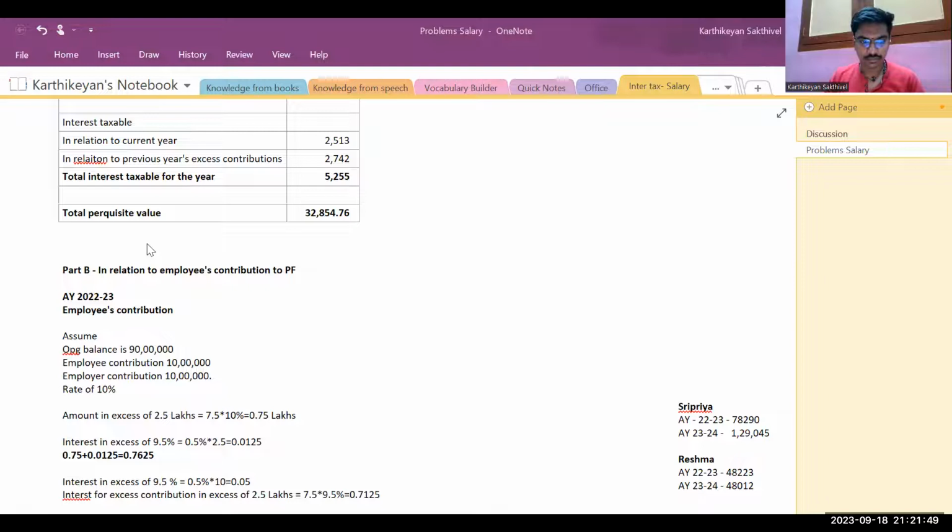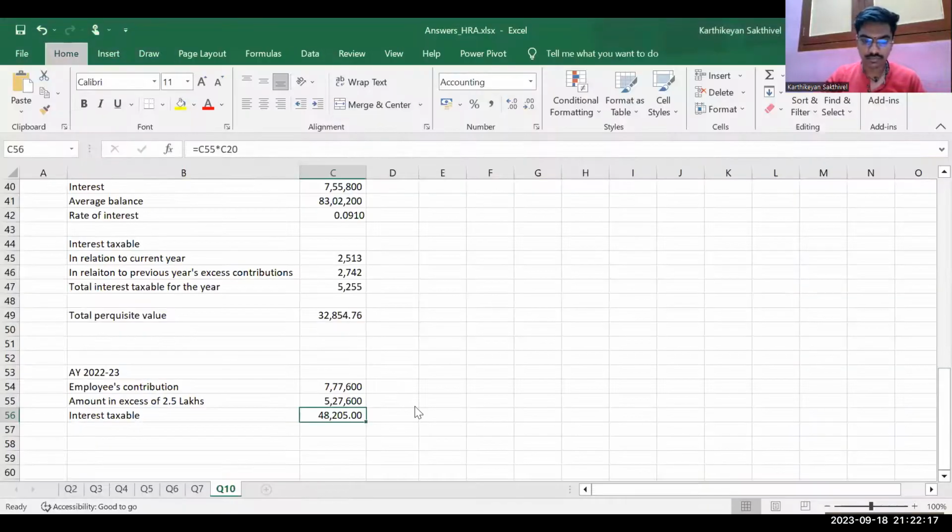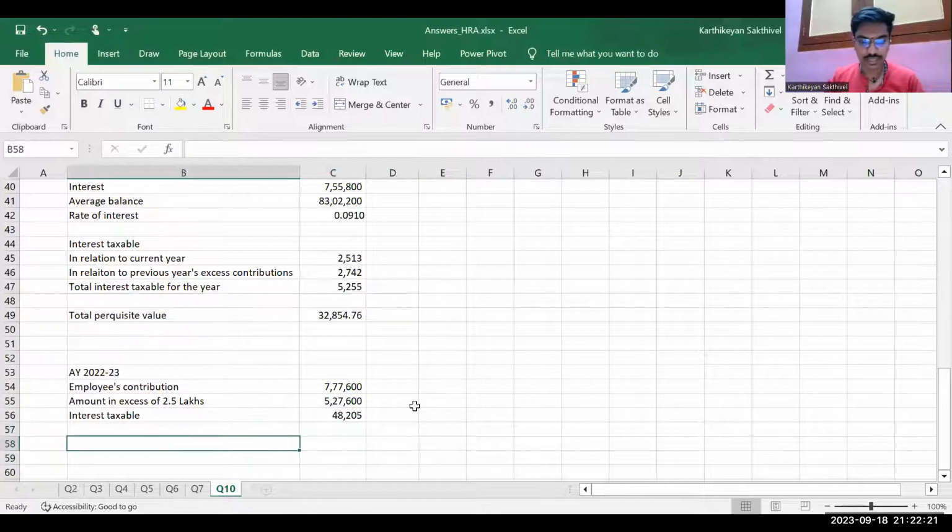Correct? Yes, sir. Amount in excess of 2.5 lakhs எவ்வளோ? 5,27,600. Interest taxable எவ்வளோ? இது into rate of interest இல்லையா? So what is my rate of interest? Yes, sir. Okay. So this is the amount which is taxable. Correct?